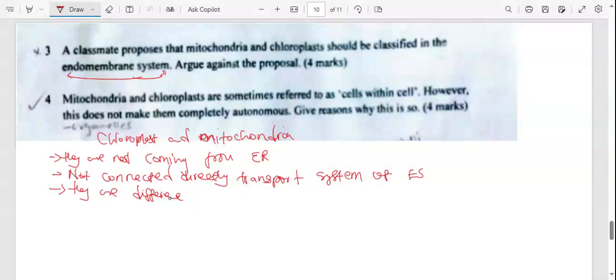They are different from the vesicles or the structures of this endomembrane system, guys.